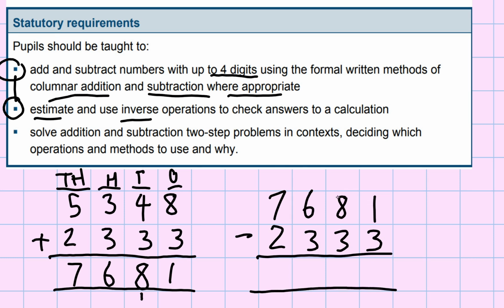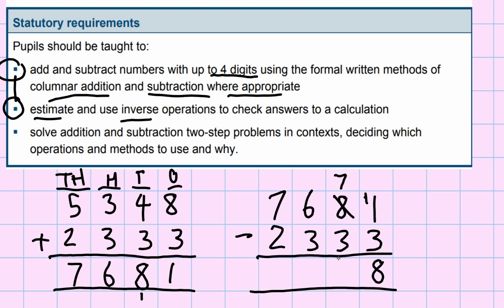So 1 take away 3 we can't do, so we need to exchange. So the 8 tens becomes 7 tens, and we've given that 10 to our ones column. So now we've got 11 take away 3, 8.